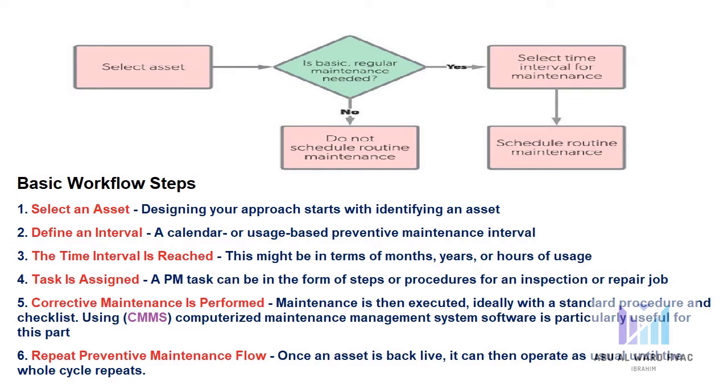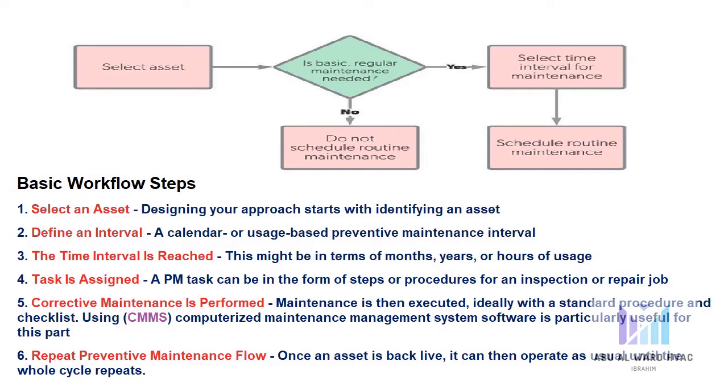Routine maintenance workflow. Routine maintenance tasks are small and simple in nature and only require basic maintenance skills to perform well. They may be completed daily, weekly, monthly, quarterly, or annually. Companies that invest in routine maintenance can extend the life of their assets, reduce emergency maintenance, and keep their production lines or facilities up and running more consistently.